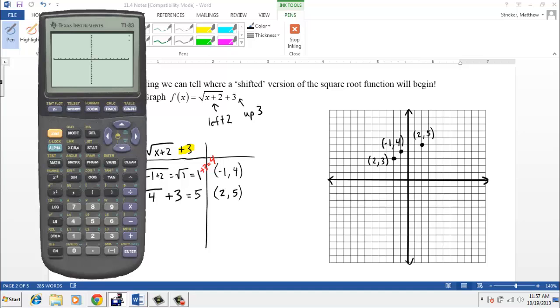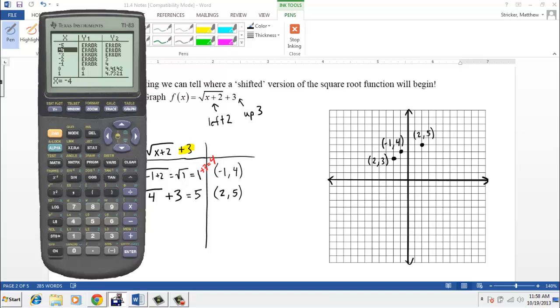And if we graph it, there's our first one that we had in the graph above, and then there is our new one. And basically the entire graph has just been shifted left 2 and up 3. So as a reminder, remember we could go to our table here. Look at all these errors. What do those mean? Well, we're concerned with the y2 one here in our new graph.